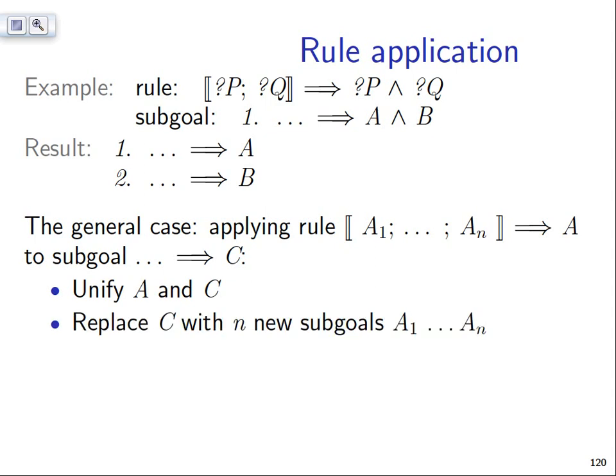And then you replace this one sub-goal C with n new sub-goals, namely the assumptions of the rule that you're using.